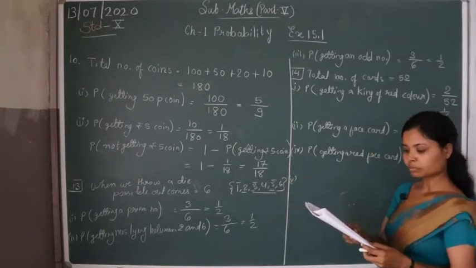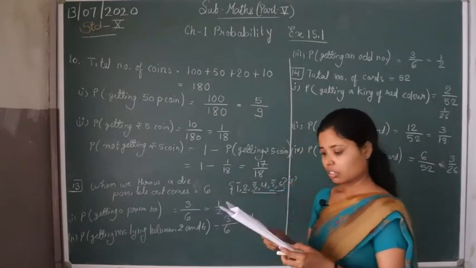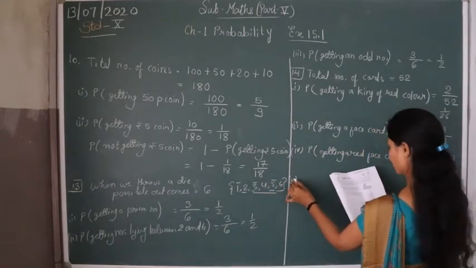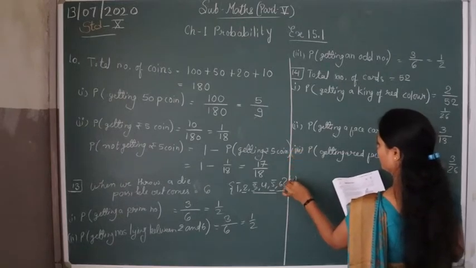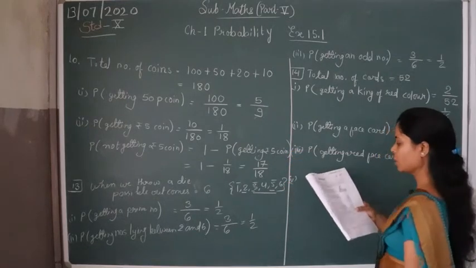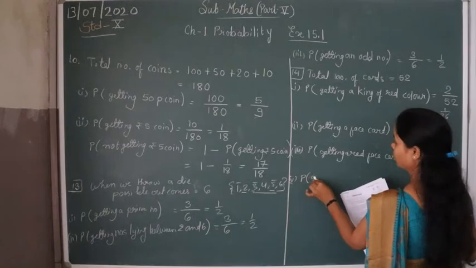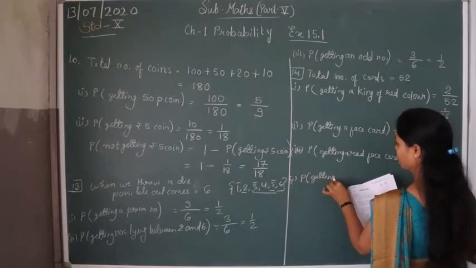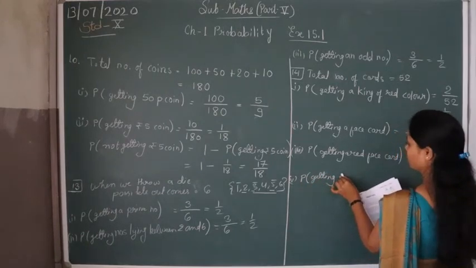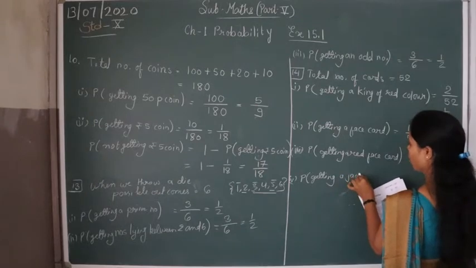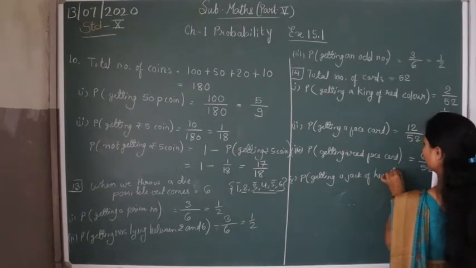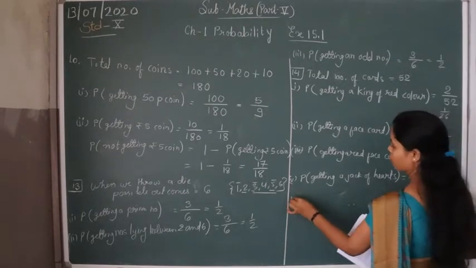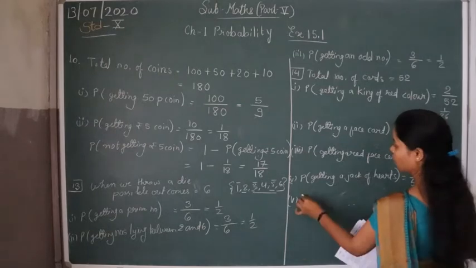Next one is the probability of getting the jack of hearts. We know very well there is only one jack of hearts, so 1 by 52. How many spades?